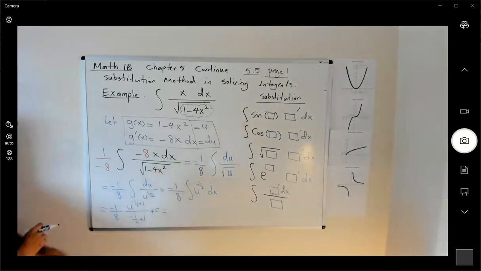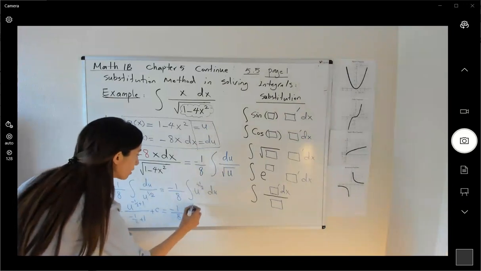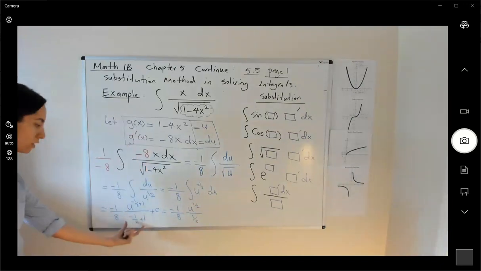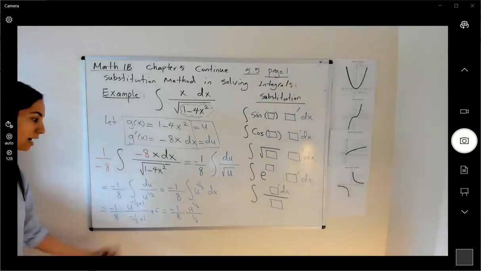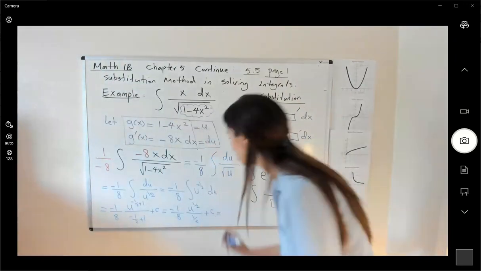This is equal to negative 1 over 8 u raised to positive a half divided by positive a half, since if you add these two numbers you get a half, plus constant of integration.